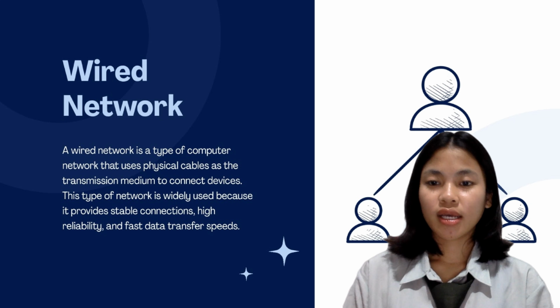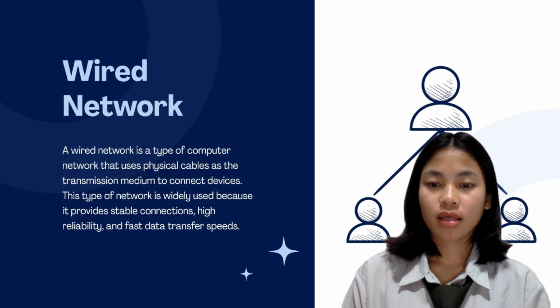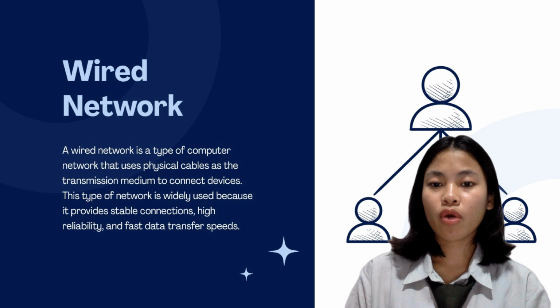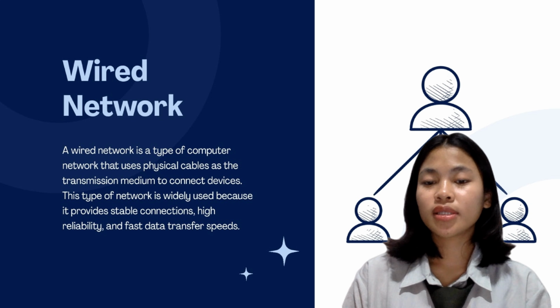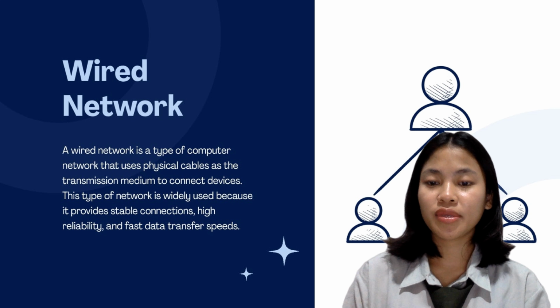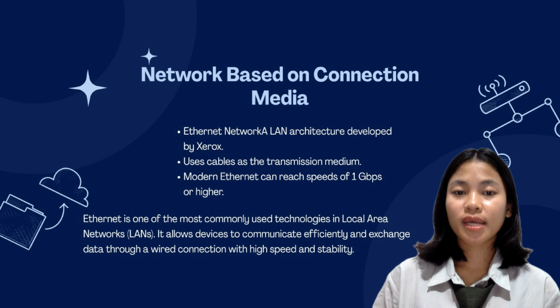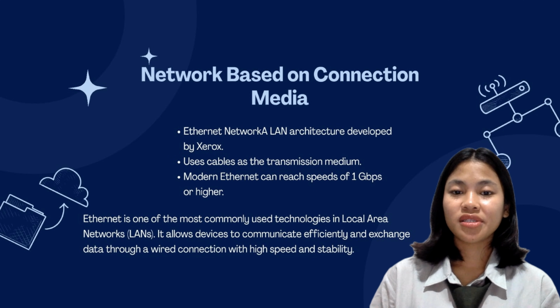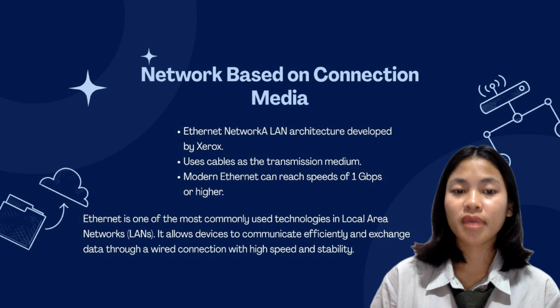Wired networks. A wired network is a type of computer network that uses physical cable as the transmission medium to connect devices. This type of network is widely used because it provides stable connection, high reliability, and fast data transfer speeds. Next, network based on connection media. Ethernet LAN architecture developed by experts uses cable as the transmission medium.